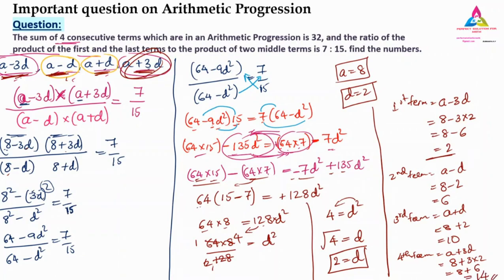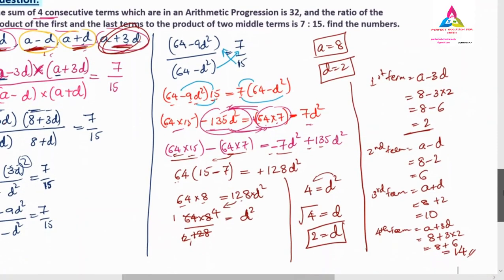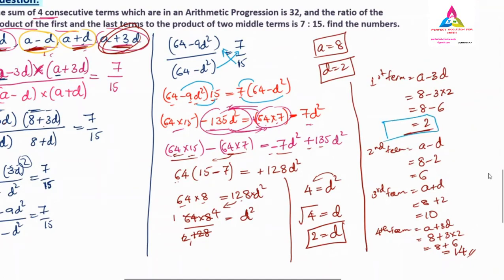The fourth term is 14. So we found all the 4 terms. Which are the 4 terms? The 4 terms are: the first one 2, second one 6, third one 10, and the last one 14.